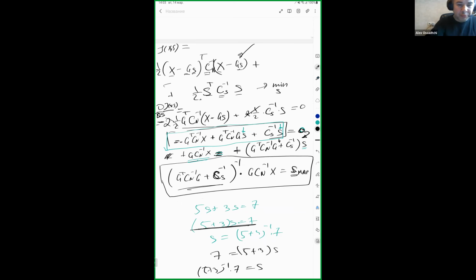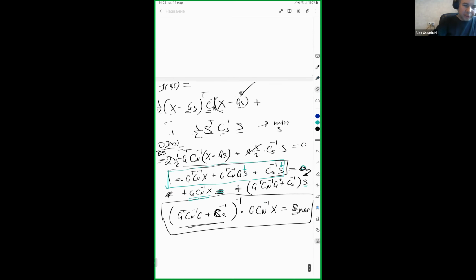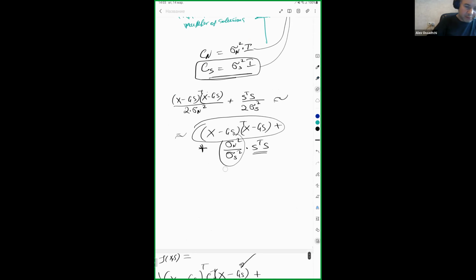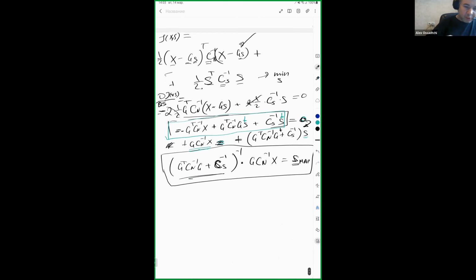Now again, we can do the same trick as before, when we were looking at the functional and at the role of sigmas here. You can take Cn equal to sigma n squared I, and Cs equal to sigma s squared I, a scalar times the identity matrix, of course.